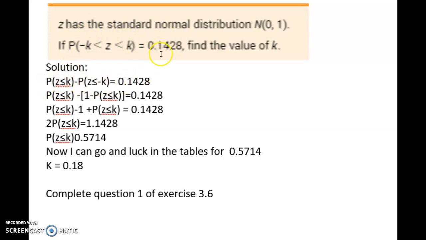equals this number here. So that probability stays as it is, but remember, this has a minus number, so that becomes 1 minus the positive. So it's minus, open a bracket, 1 minus my positive probability. Okay, I multiply in my minus now, and so I have that probability there, minus 1 plus the probability there.